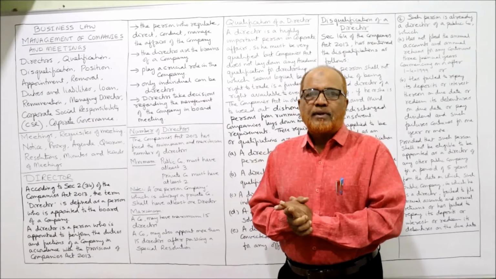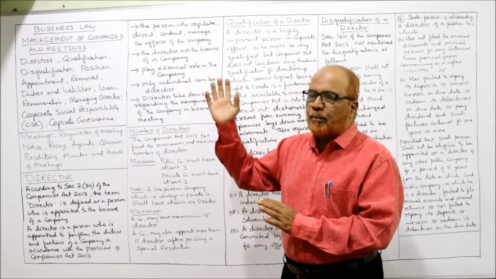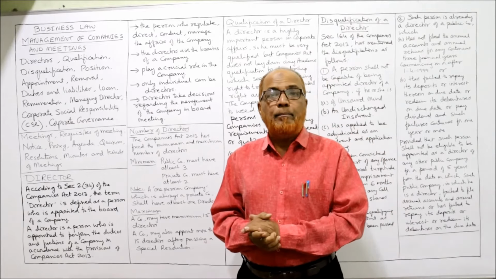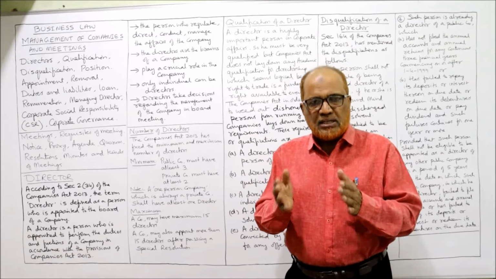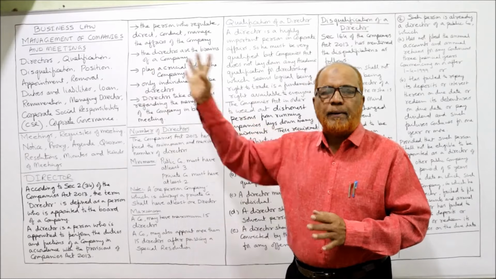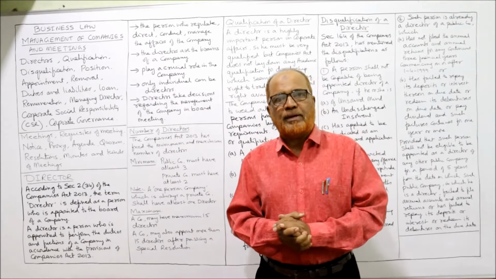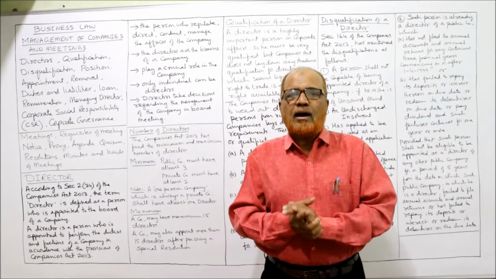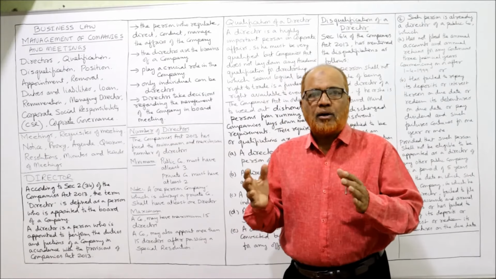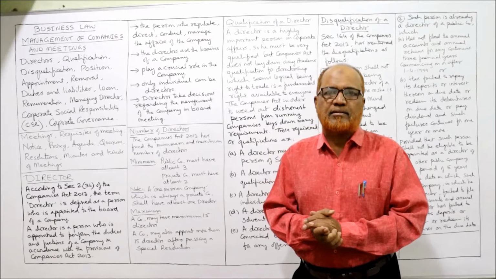In this video, I'm going to start with the topic management of companies and meetings. So in this video and the coming video, our topic will be management of companies and meetings of the companies. Actually, the company is managed by a group of members, the board of directors.